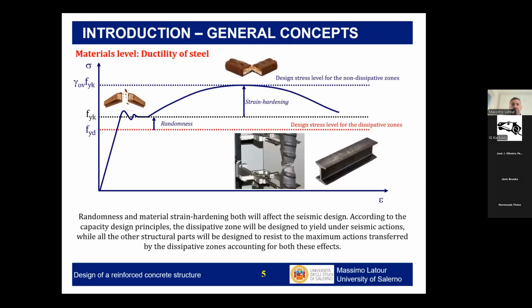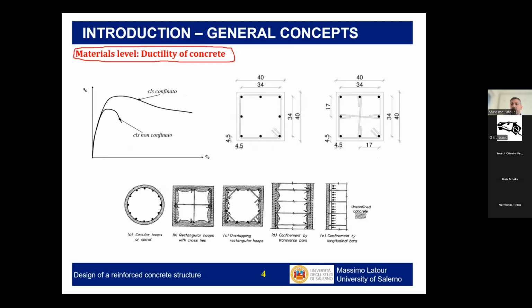So concrete confinement is a key aspect. So it is increasing the compressive strength of the material a bit, and mainly is increasing the plastic behavior of concrete. So the capacity for concrete to have a deformation in plastic range.